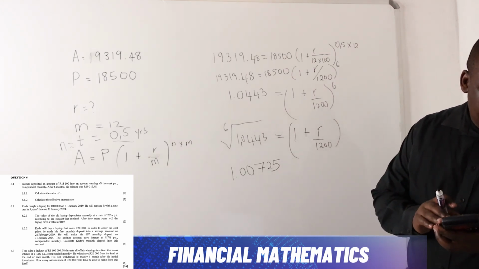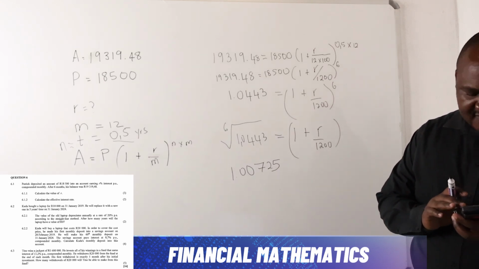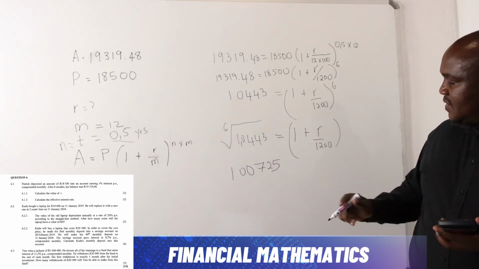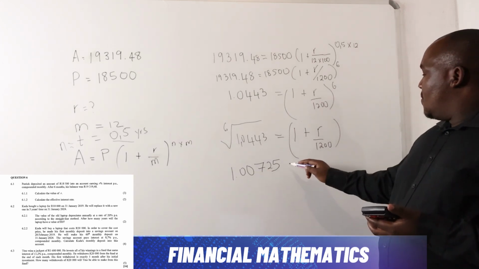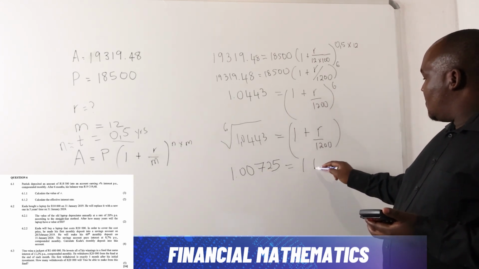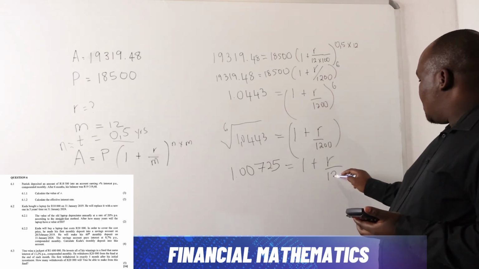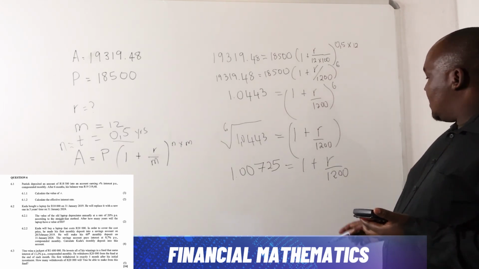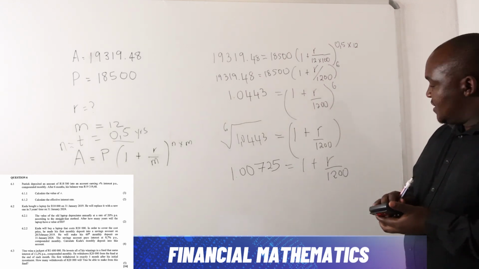Let's check if that's correct. 1.00725 equals 1 plus R over 1200. Now the job is done for us.